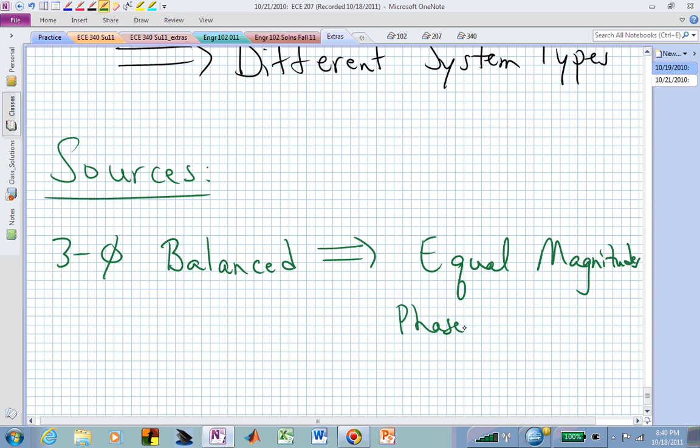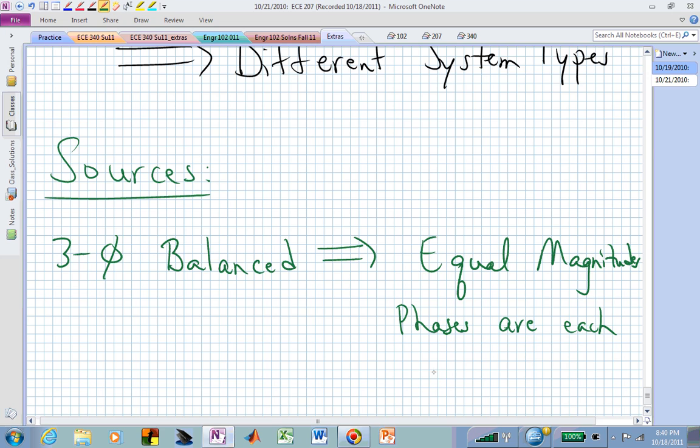and because we're dealing with complex power, each of these sources is going to have a phase, and to be balanced, these phases cannot be the same. They are actually separated by 120 degrees.